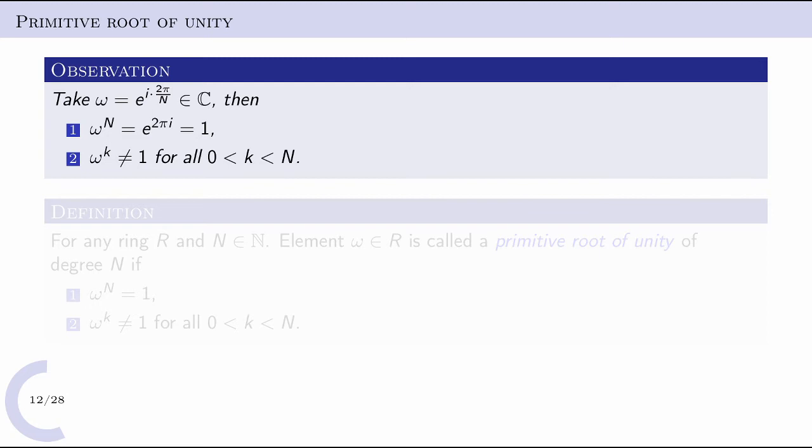So what is this number? If we recall how the complex numbers look like, this is the exponential form of the number cosine 2 pi over n plus i sine 2 pi over n. So this is a number whose argument is 2 pi over n. This lies on the unit circle and its argument is 2 pi over n.